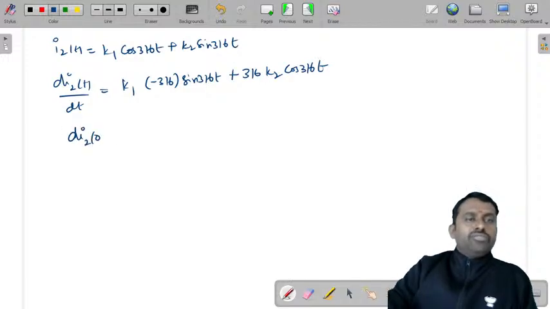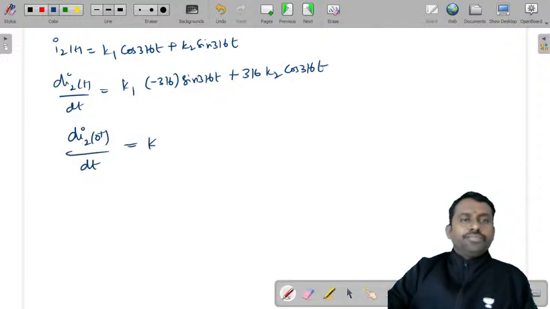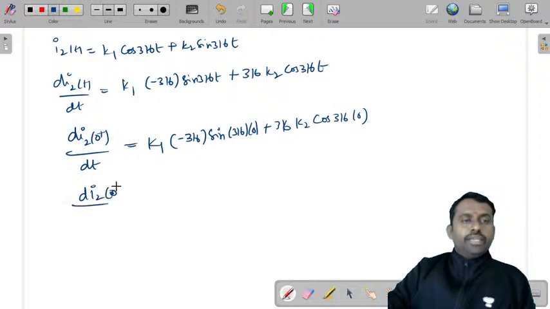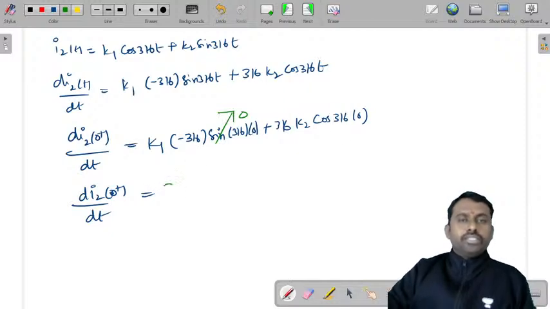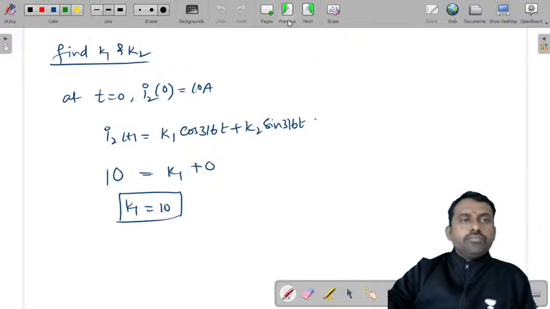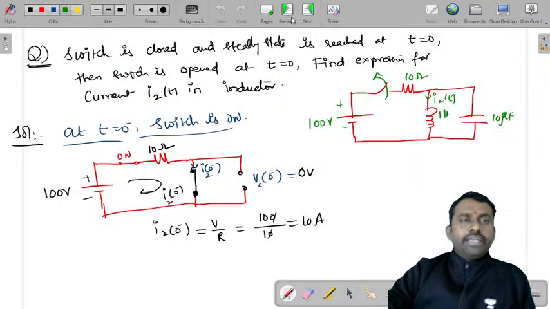So di2 of 0 plus by dt will be K1 into minus 316 into sin 316 into 0, sin 0 is 0, plus 316 K2 cos 316 into 0, cos 0 is 1. So this is 316 K2. So you need to find di of 0 plus by dt first. Let's find that di of 0 plus by dt from this equation.